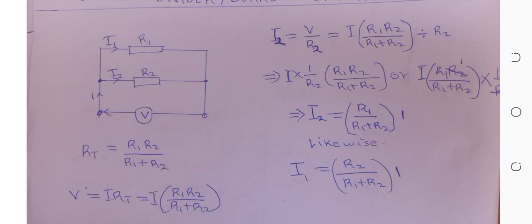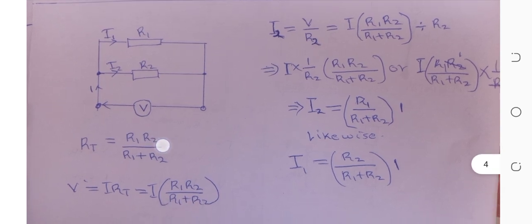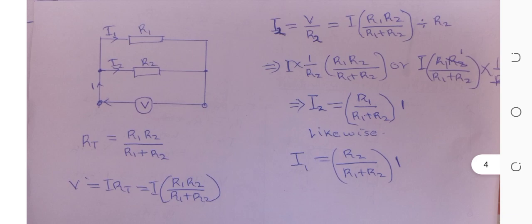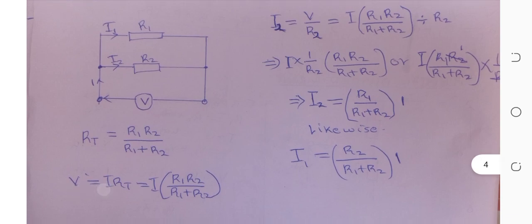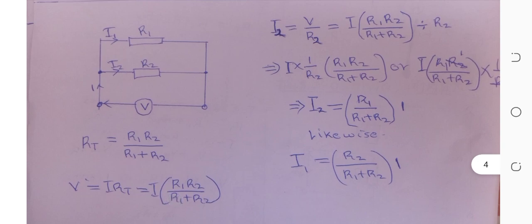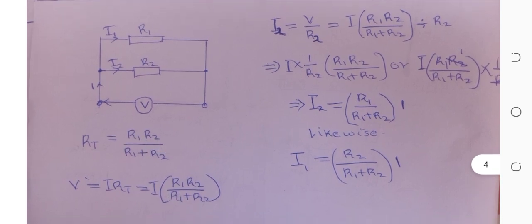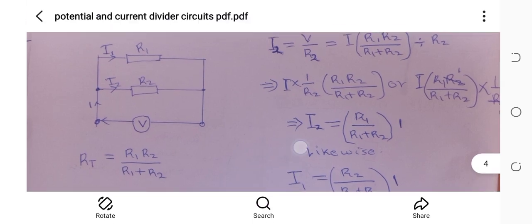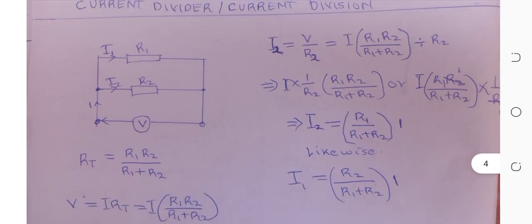Then we replace R total with this one. So V is equal to I multiplied by R total, which is here. So having that, we come here.